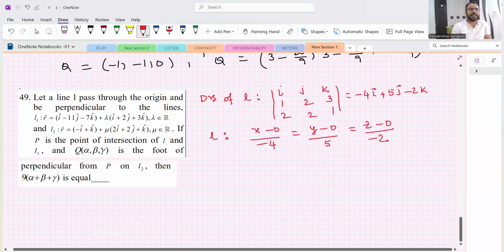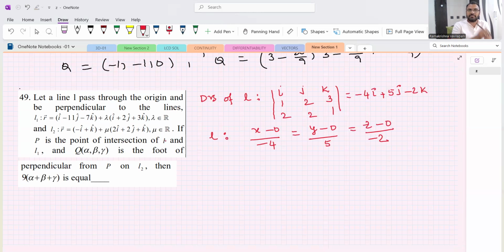If P is the point of intersection of L and L1, any point on L is -4t, 5t, -2t.